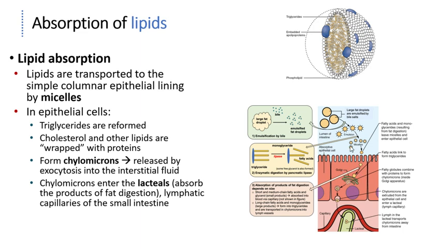These chylomicrons then move out of the intestinal cell. They're exocytosed, right? So they're being released, and then they are brought into this green structure, which is a lacteal. If you recall, a lacteal is a lymphatic capillary, which is part of our lymphatic system and transports lymph.